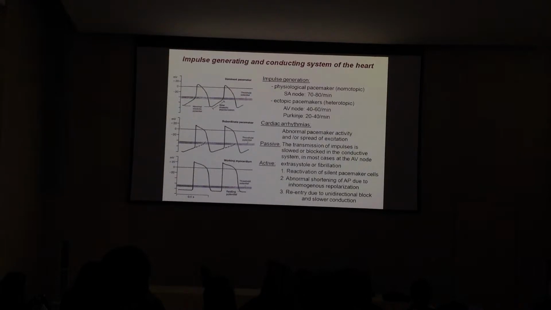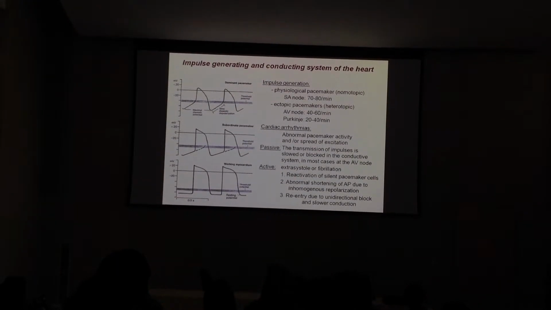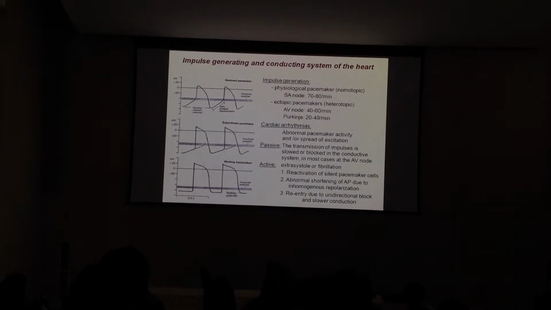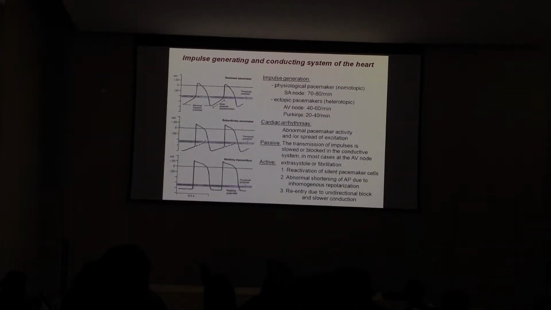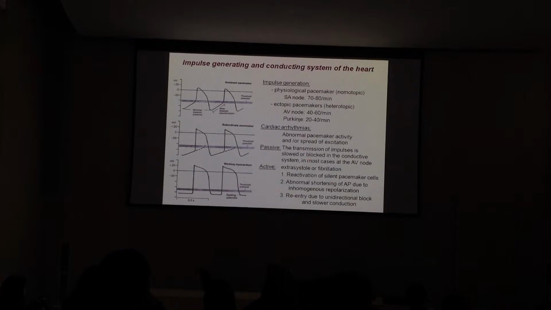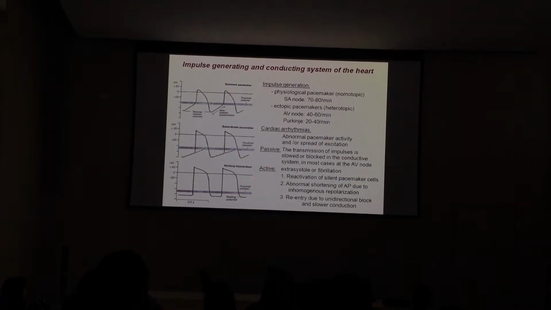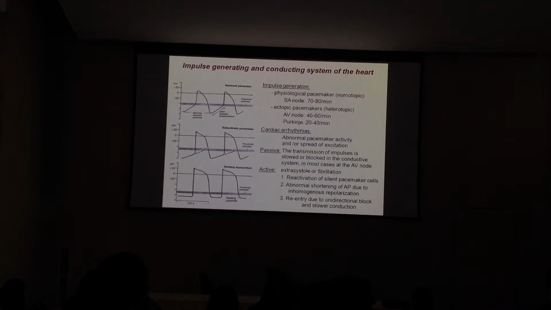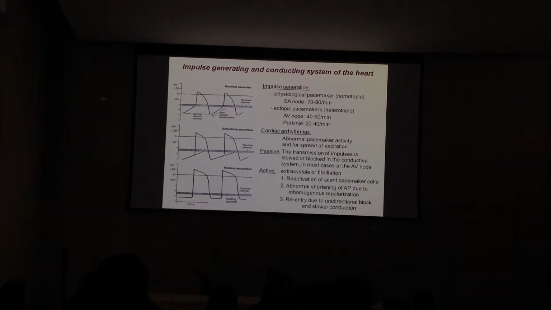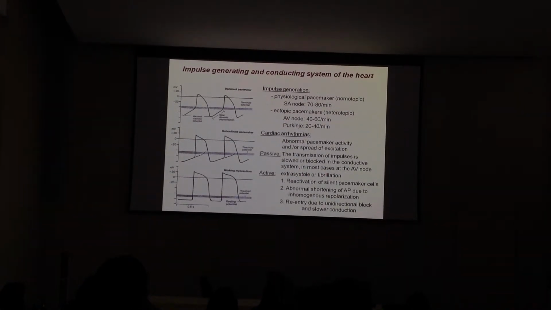It means that the ventricle will not get the action potential, and maybe the ventricle will stop. It's not necessary to speak about it now because it's a longer story. But the active arrhythmias are the extrasystoles and fibrillation.